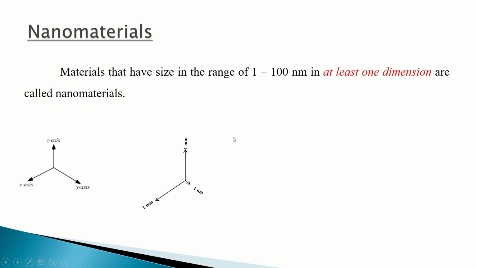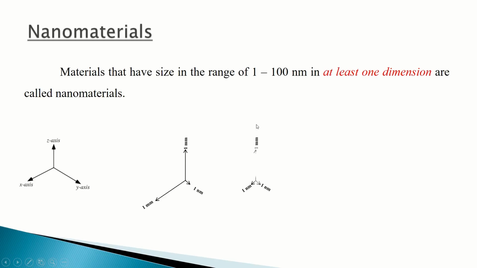So let's see here, we have three dimensions and you can see in one of the dimension, the range is 1 nanometer, which falls in this category 1 to 100 nanometer. And in the two dimension, it is outside the nano range.